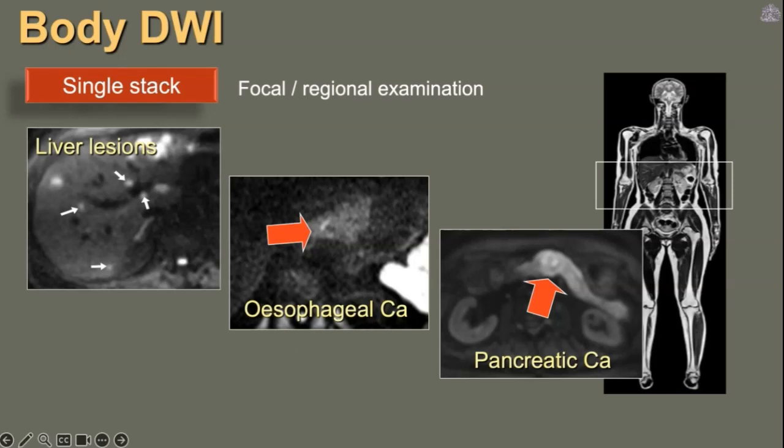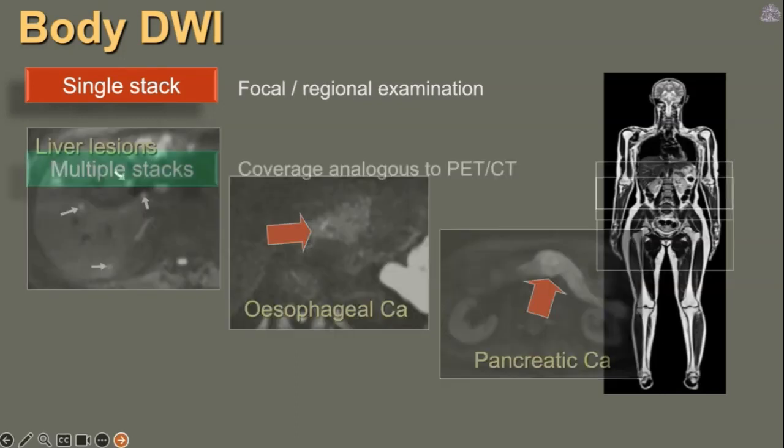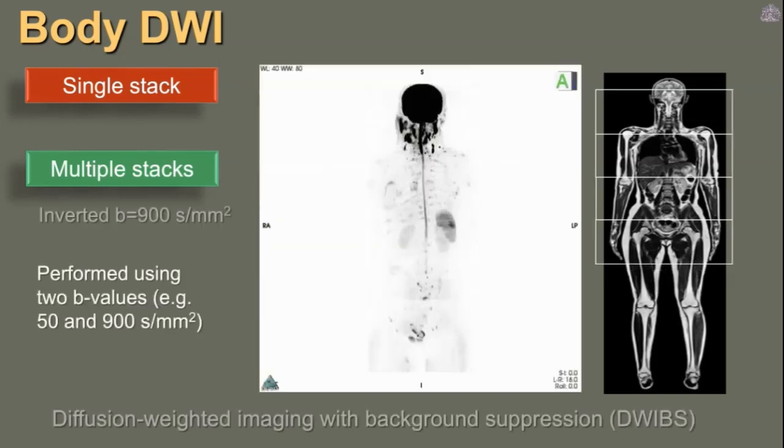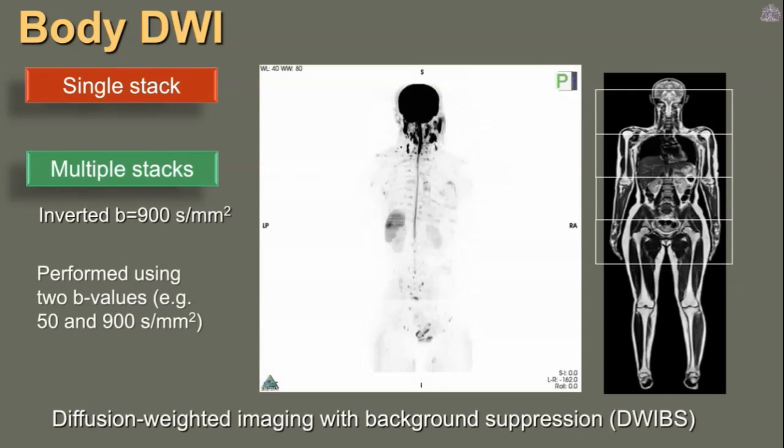So evolving this technique from a single region to multiple stacks, and we can do this analogous to the coverage for a PET-CT that is typically from the vertex to the mid-thigh level, we can begin to render these images.